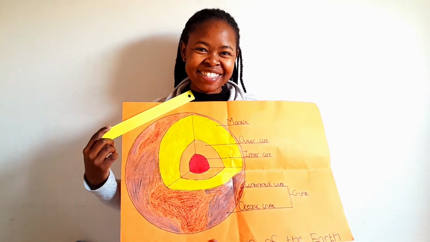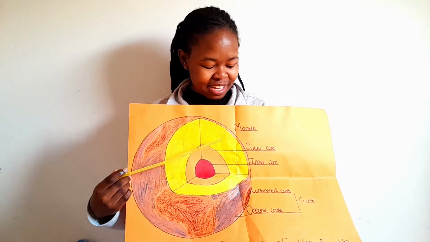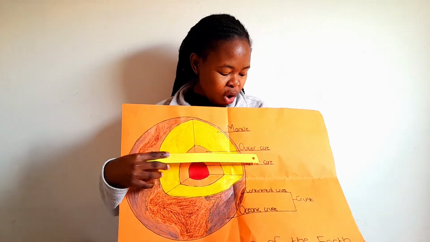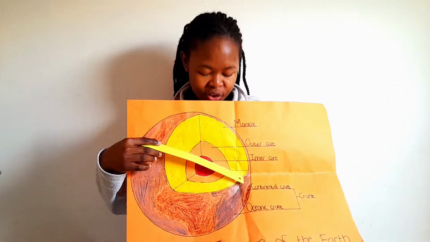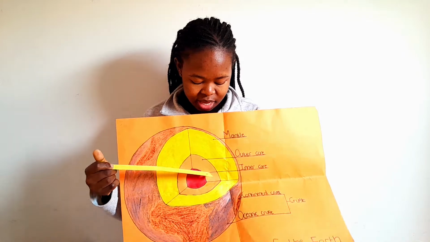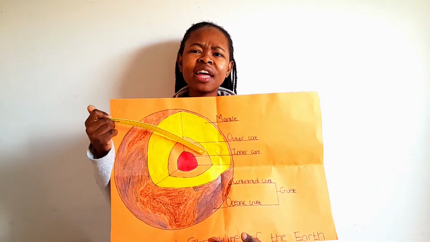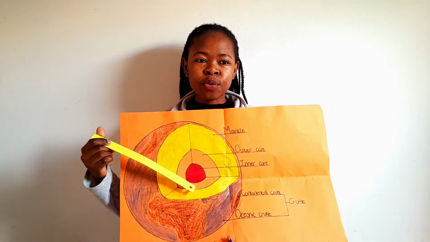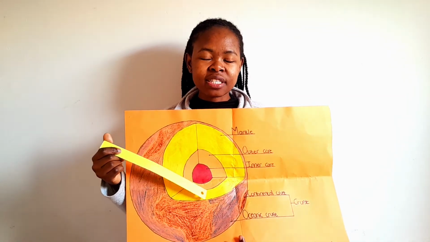The next layer of the Earth that we will be discussing is the core. Now, the core is made up of two parts. First, the outer core, which is in orange, and the inner core, which is shaded in red. We will be using the egg yolk to represent it.